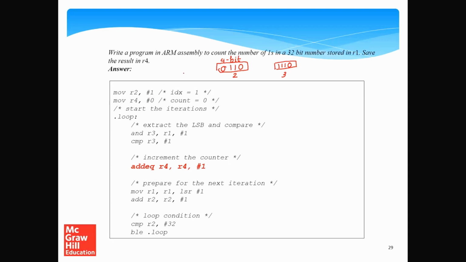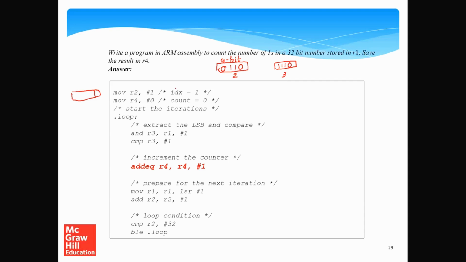So let's move ahead. So we want to have a loop. So what is the idea? The idea is that in a 32-bit number, each of these bits needs to be considered one after the other. We need to check if it's a 1 or not and increment a counter. So essentially, if there is a loop, we need an index.